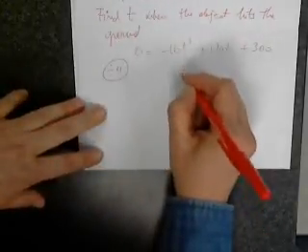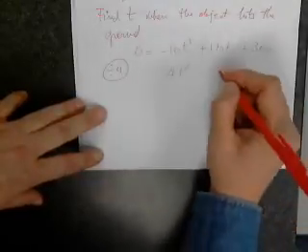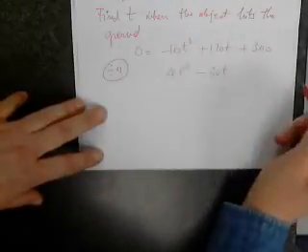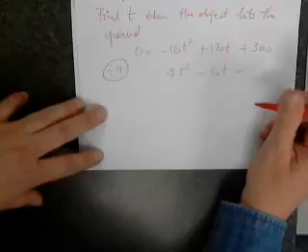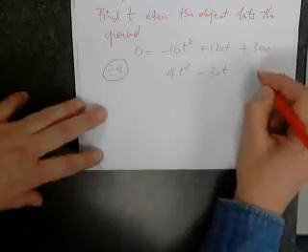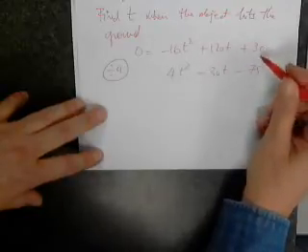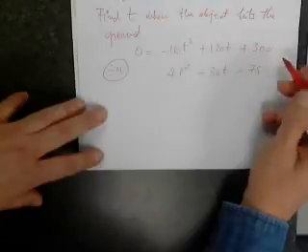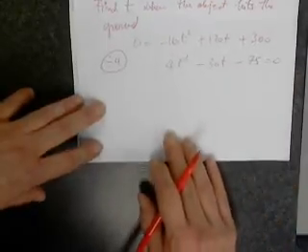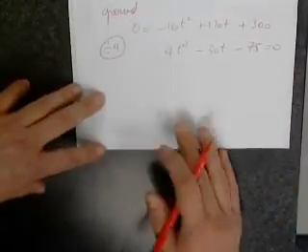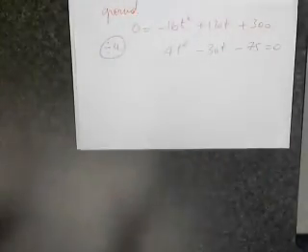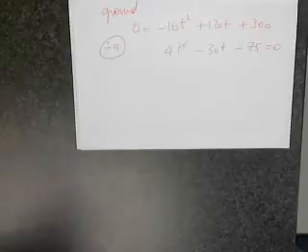So I have 4t squared minus 30t minus 75. Divided by 2 is 150, divided by 2 is 75. With these kind of numbers, don't even try to use factoring.